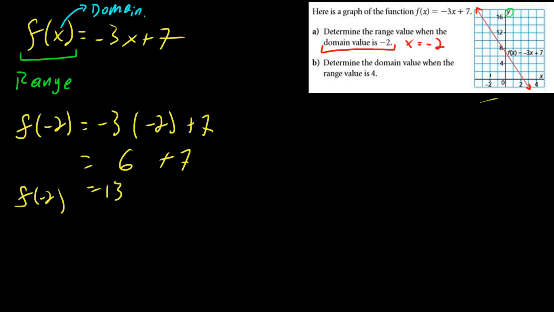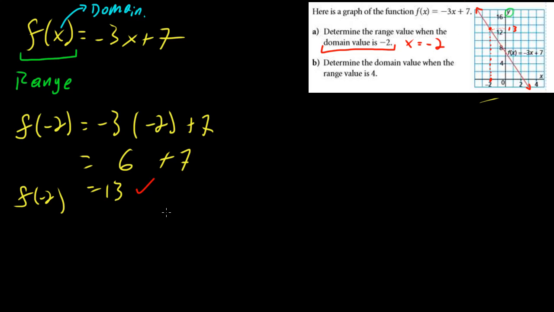So when x is equal to negative 2, that's right here, let's follow this up to our f of x line. And we're going to get that it's at this value, which if we read it off the vertical axis, looks like it's at 13. So algebraically and graphically both work.